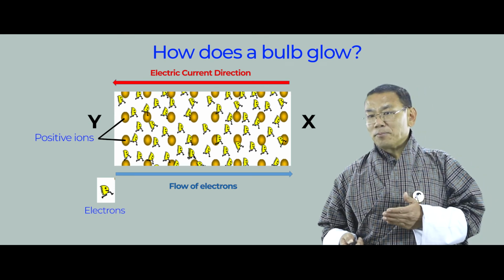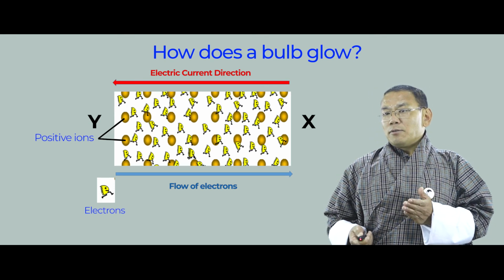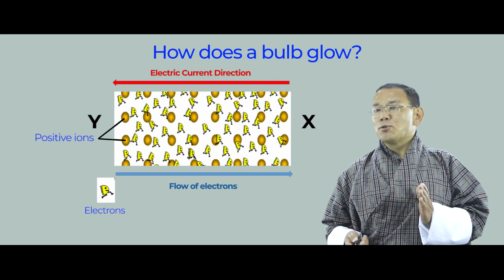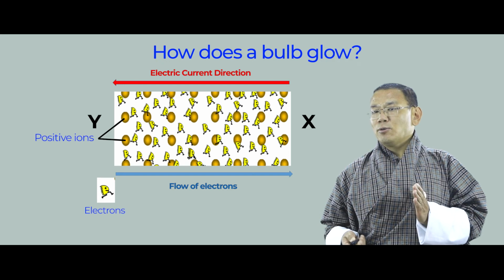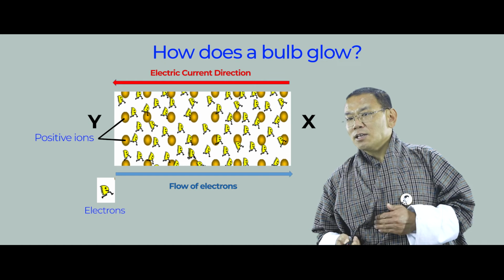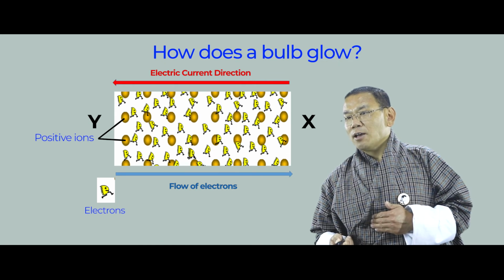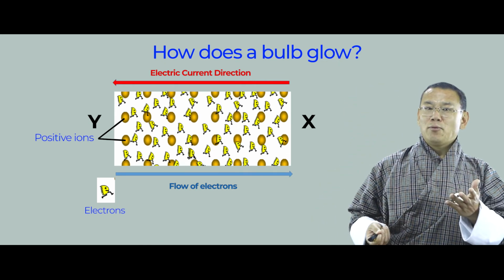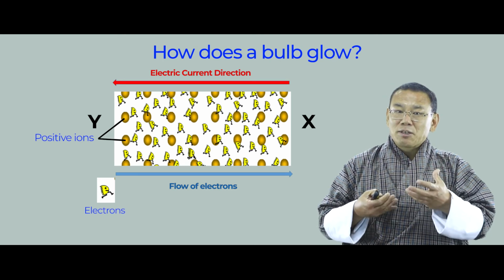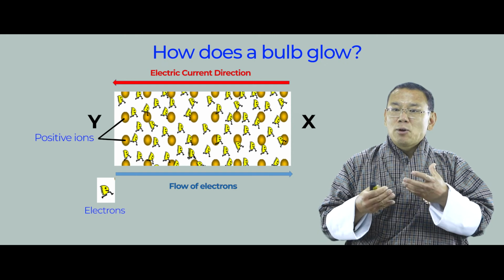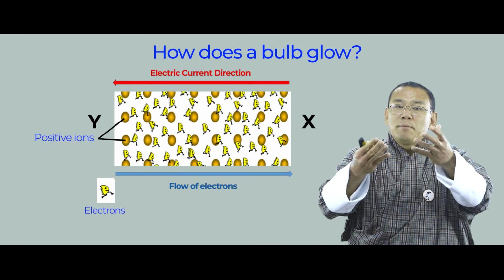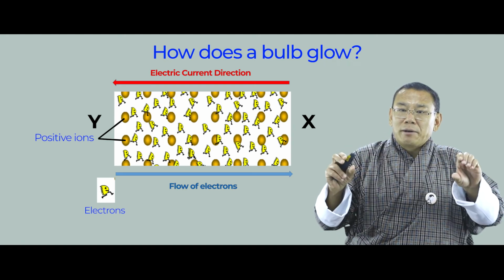Now in this diagram, when electric current flows, meaning there is a potential difference and the current flows through this conducting wire, you will see that these are the electrons moving along the conductor. When the electrons move, they will collide against each other in that particular material of the wire, and the electrons will also collide against the positive ions in the material of the wire.